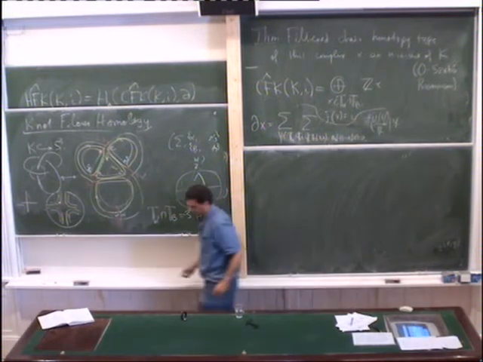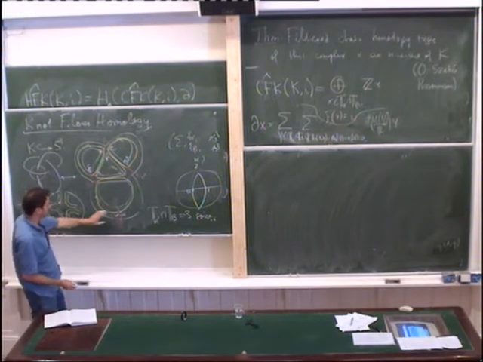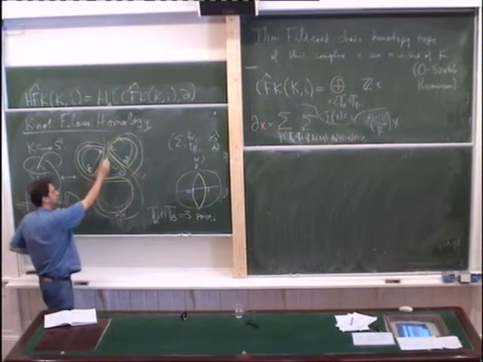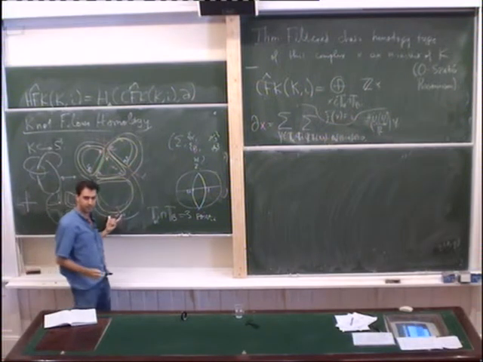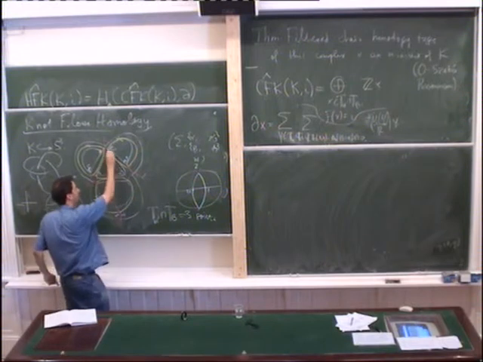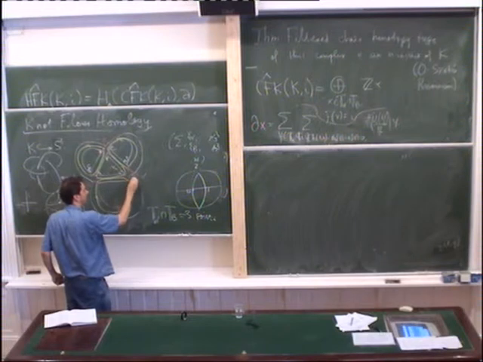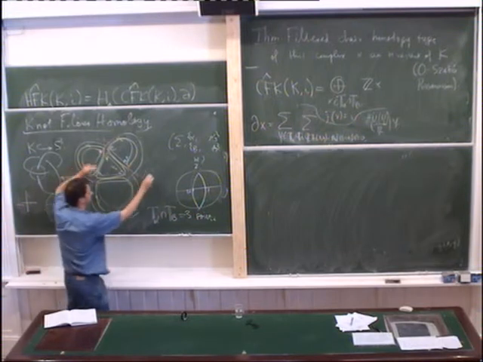Okay. And what's the filtration level difference between B and C? Well, what we have to do is draw a domain that connects B and C and calculate n_w of phi minus n_z of phi. Well, here's a domain that connects B and C. Do you see it? It looks kind of like this.